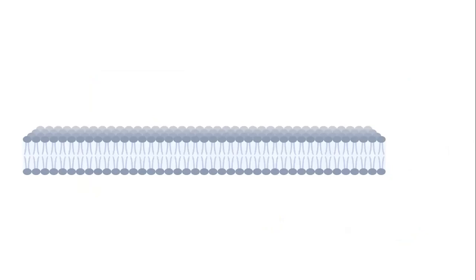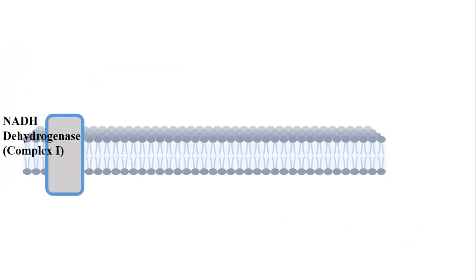So let's look at how this electron transport chain actually functions that leads to the synthesis of ATP. Like we said, we have different protein complexes. So let's look at those complexes. The first one, we have complex 1, which is also referred to as NADH dehydrogenase.